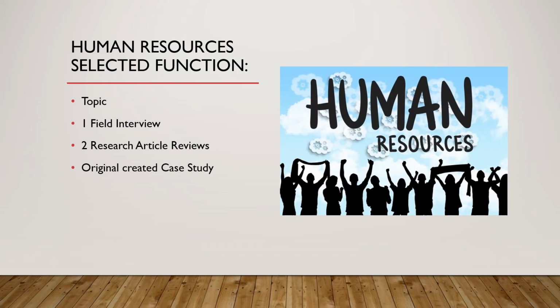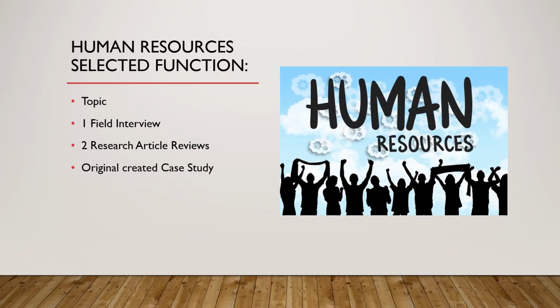Part of the course, at the very beginning, you will have to review and select an HR function, one of those functions we reviewed, to do a little more in-depth research. So the first thing you will do is review the functions and select one of them to do further research on. You will conduct one field interview with someone who is in a job related to education that aligns with that particular function that you selected.